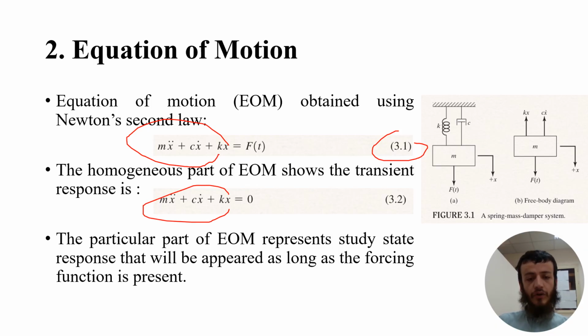But the particular part of the equation of motion represents the steady response. This steady response will appear as long as the force function is present. If there is no force, there will not be a steady state response.